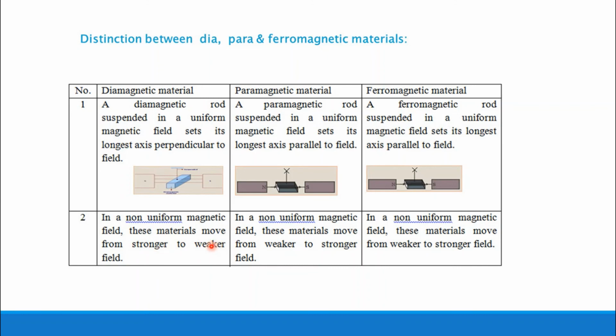That means if a diamagnetic substance is kept in a non-uniform magnetic field, it has a tendency to move from stronger to weaker field; it has the property of repulsion. Whereas a paramagnetic material kept in a non-uniform magnetic field has a tendency to move from weaker to stronger field, meaning it has the property of attraction. The same property is exhibited by ferromagnetic substances but to a greater extent.